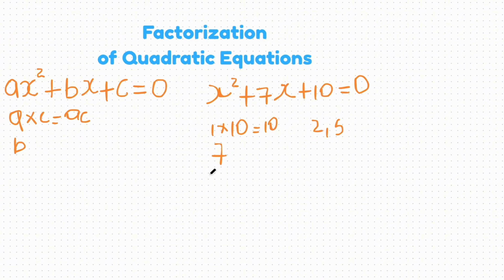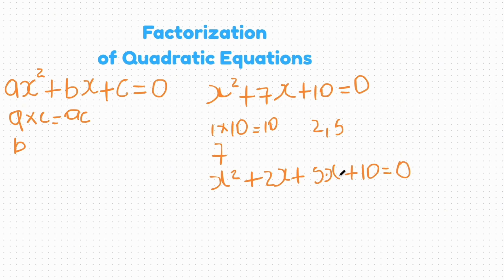Our equation now becomes x squared plus 2x plus 5x plus 10 equals 0.